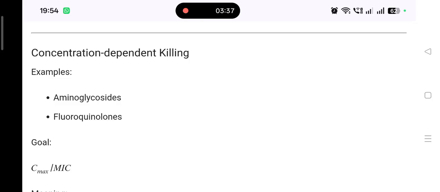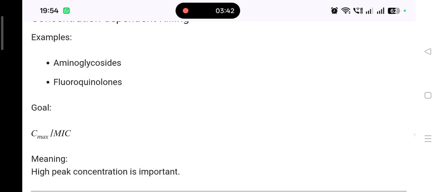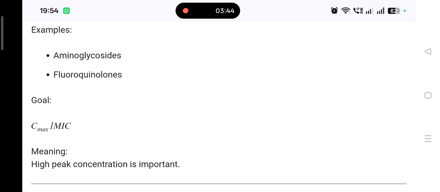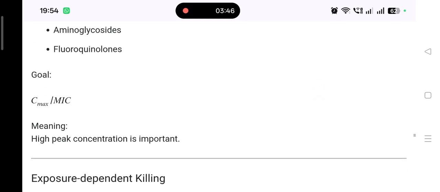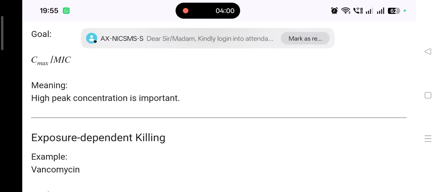Concentration dependent killing. What is concentration dependent killing? It is shown by aminoglycosides and fluoroquinolones, where Cmax is more than MIC. The meaning is that high peak concentration is important, so the concentration of the drug should remain as high as possible.